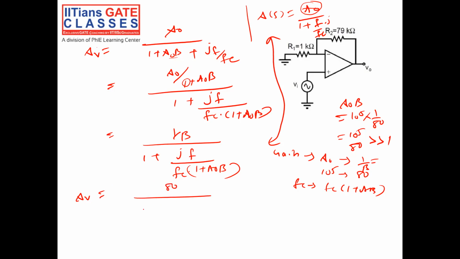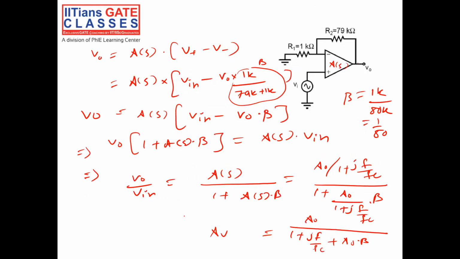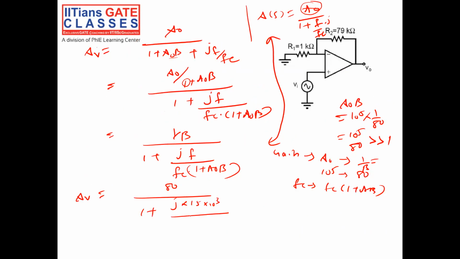Divided by 1 plus j into frequency. The frequency is given as 15 kilohertz, that is 15 into 10 to the power 3, divided by fc, which is given as 8 hertz, into 1 plus A0 beta. I can neglect 1, so A0 beta is 10 to the power of 5 into 1 by 80.